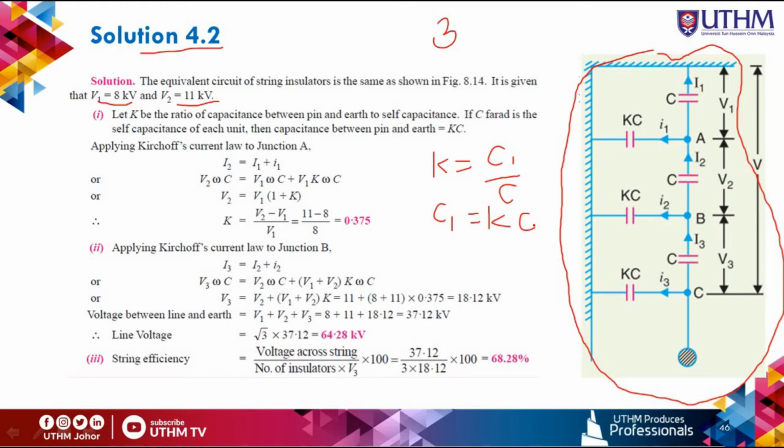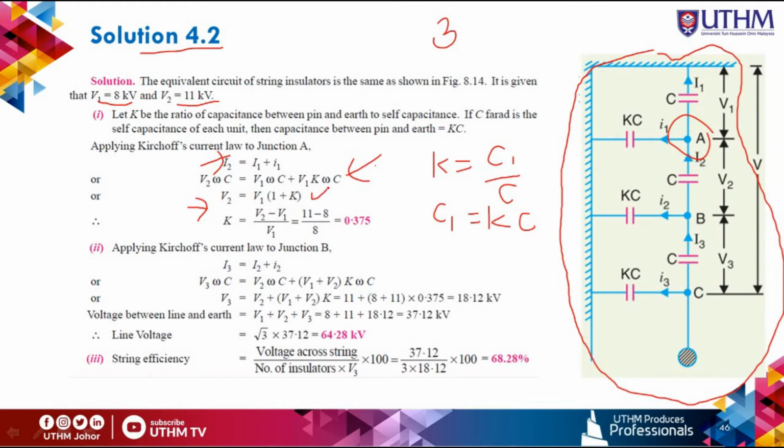First we apply KCL to node A, or junction A. This is the equation for the KCL, and then you simplify the equation and get V2 equivalent to V1 times 1 plus K.